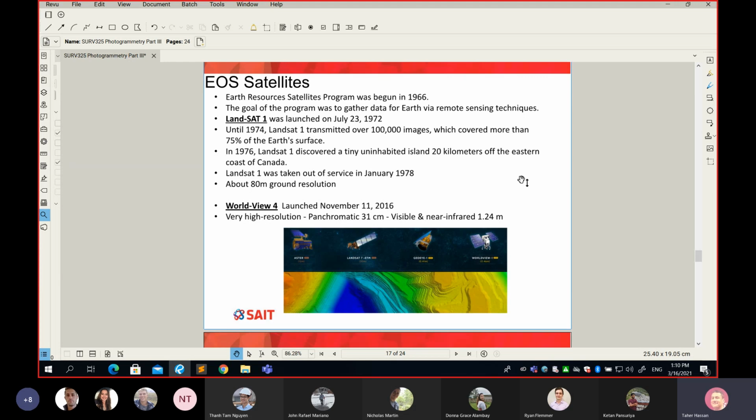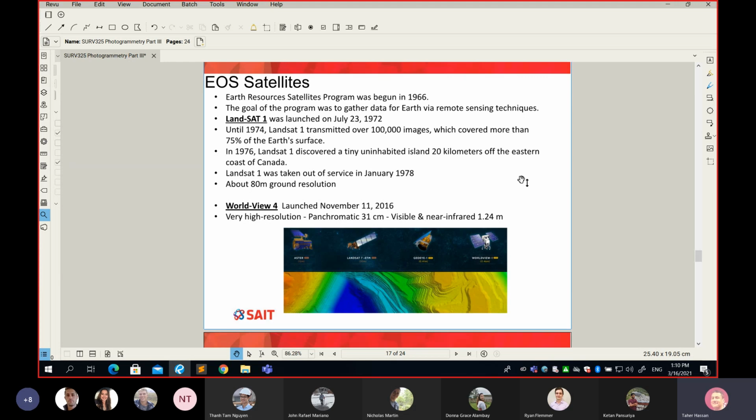So the first satellite system was a program for Earth resources satellites that started in 1966. The goal was to gather remote sensing data about the Earth, which is images.